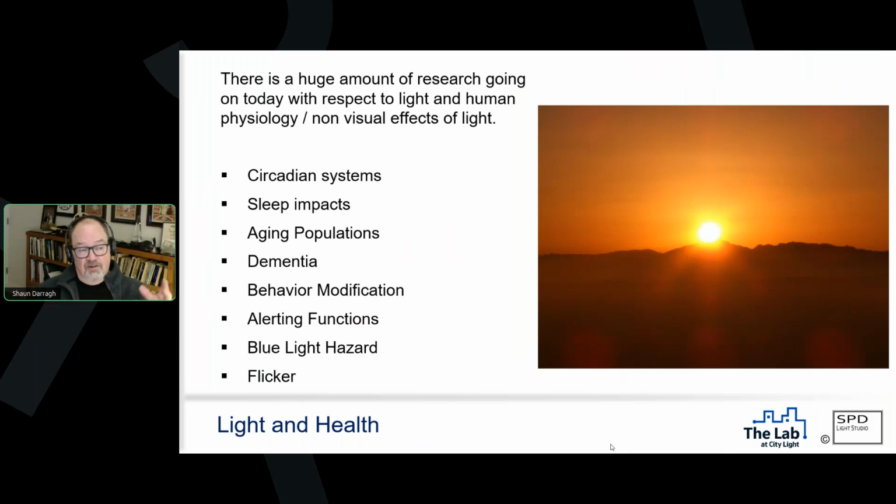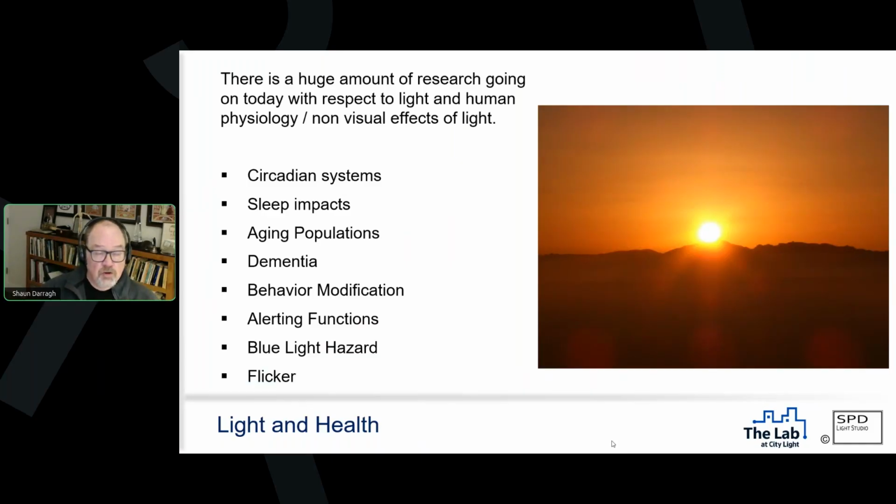Today, and since the early 2000s, we've understood that there is a real connection between light and physiology that doesn't have anything to do with our visual systems, has everything to do with our endocrine system, right? Our sleep-wake cycles, our circadian systems, right?